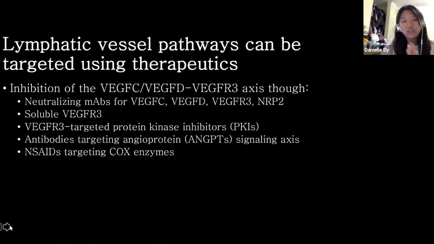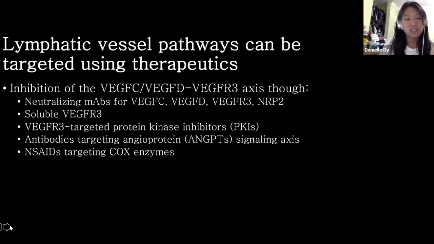So essentially, what does this mean for translational medicine and how can we apply this to developing therapies? The main things that we talked about today were the VEGF-C and VEGF-D interactions with the VEGFR3 receptors. A lot of the therapies being developed right now with respect to lymphatics and cancer are targeted at inhibiting this interaction along this axis.